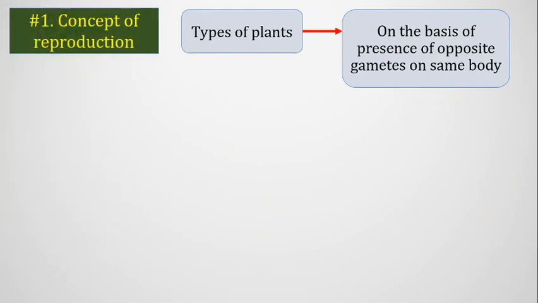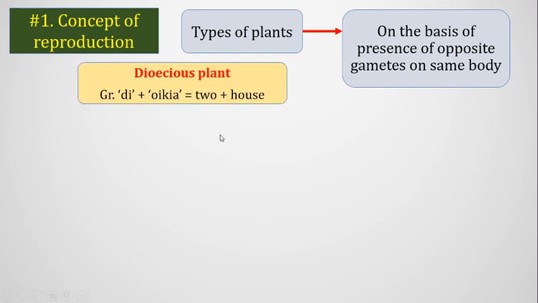So now we will discuss another type of plant that is called dioecious plant. The Greek meaning of it is two house. Why is it referred to as two house? That means two different types of flowers are produced on two different plants.